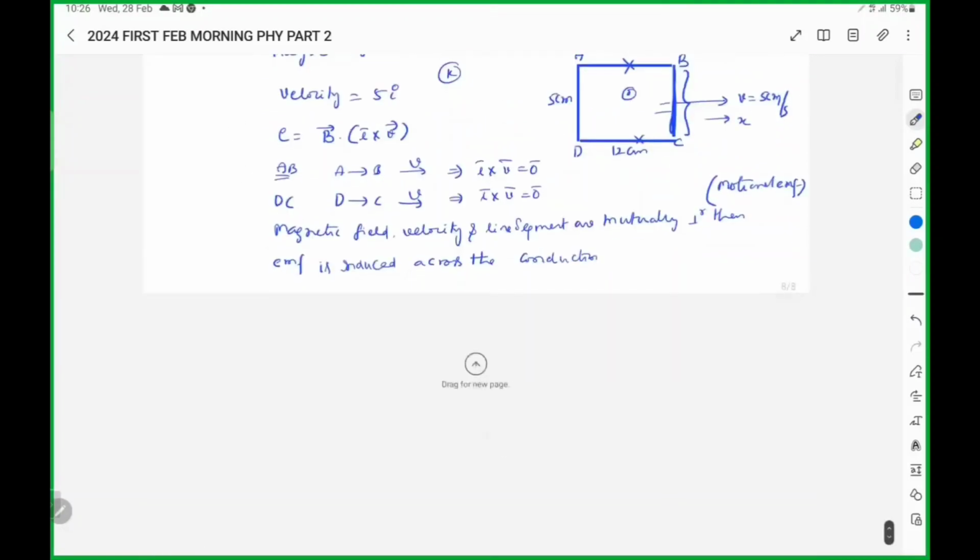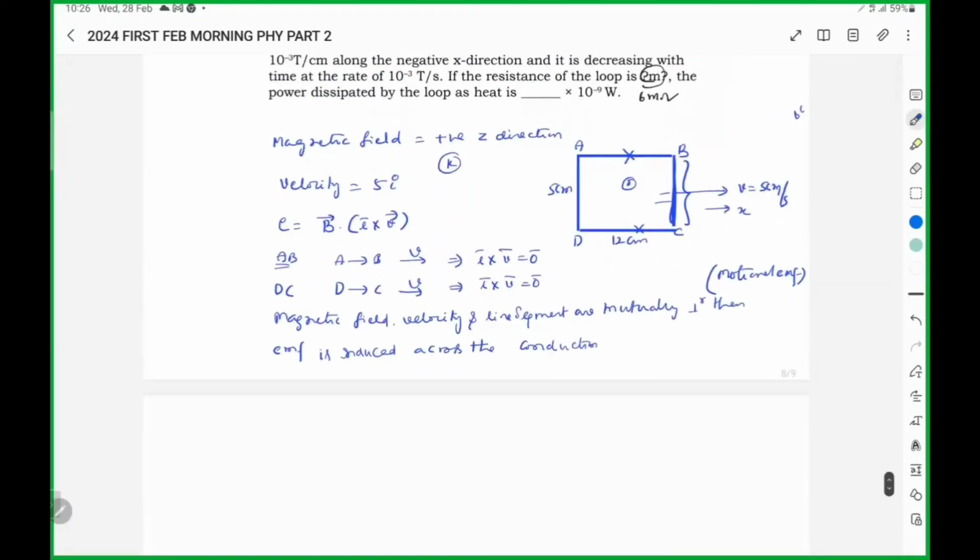So here, if you consider BC, EMF is induced across this conductor. What is the direction of positive terminal? What is the direction of negative terminal?